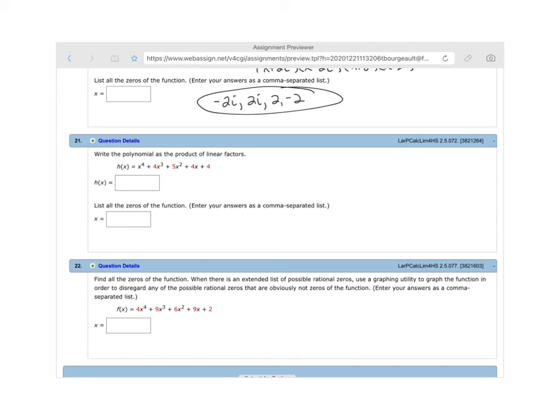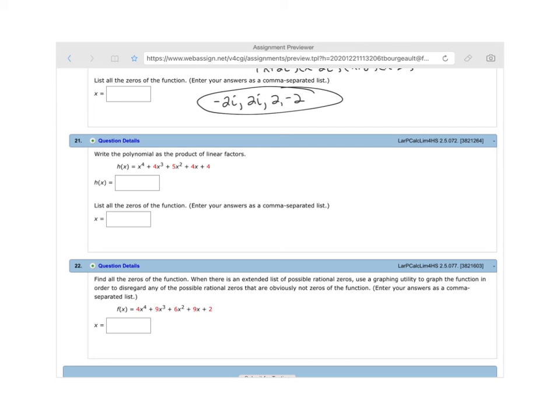And this actually will factor by grouping. So the product of linear factors is x plus 2 to the second times x minus i times x plus i.